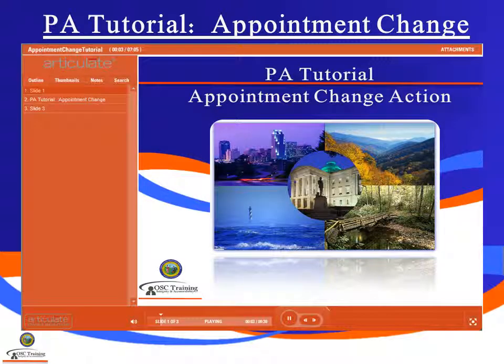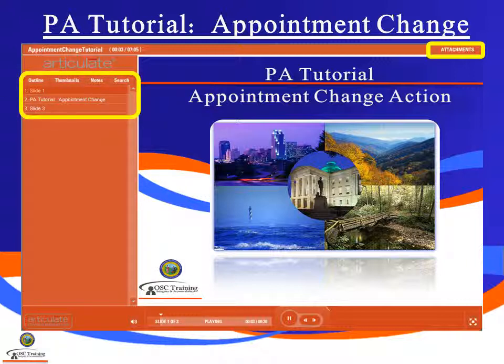How to navigate through this tutorial. In this e-learning environment, you should notice in the top right-hand corner of your screen that there is a link called Attachments, which contains a printable Word document that will take you step by step through this particular action.